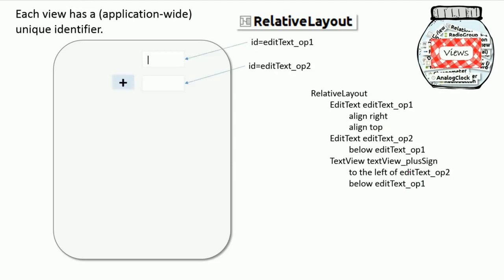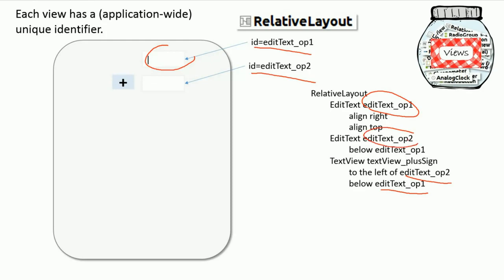So Android allows you to associate a name or ID to each view. Each time you need to refer to your view, you can use its ID. Now I can specify that my text view is below the first edit text, using the ID of the first edit text, and is to the left of the second edit text.